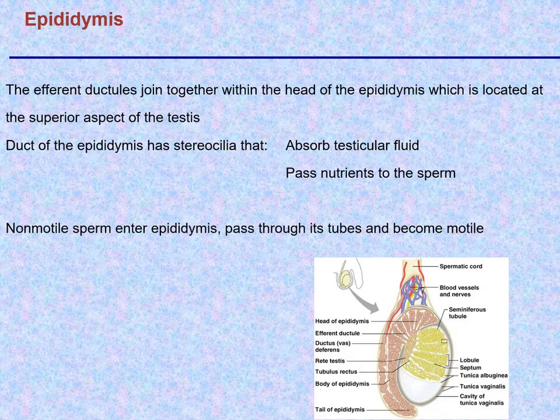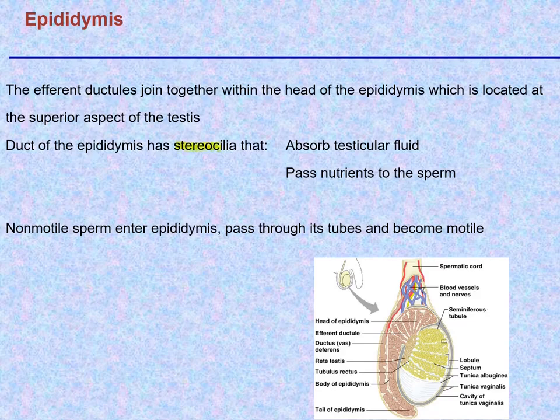Okay, the epididymis, into which the seminiferous tubules empty the sperm cells that they produce, has these structures called stereocilia, though I wouldn't worry about the term.